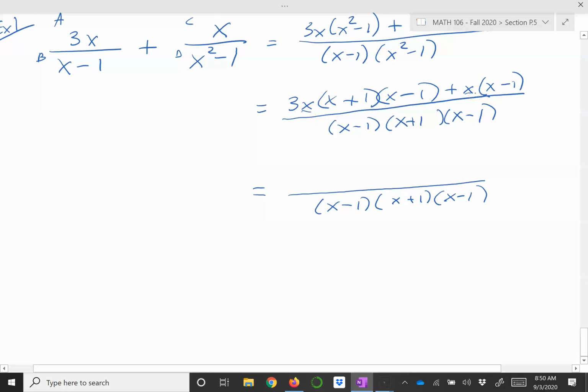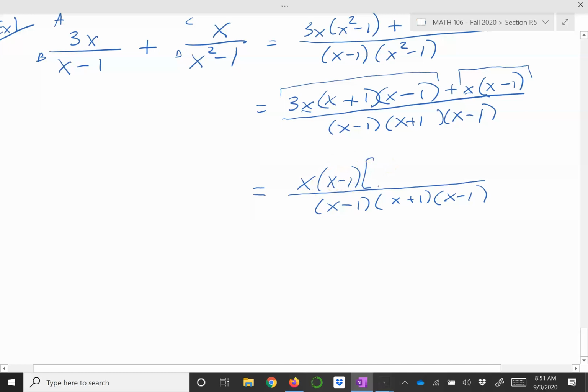Can I do that? Yeah, I could take an x out. And then what else? Do you see that both of these, so I'm just going to put a little box around them here. These are the two terms. Do you see that they both have an x minus 1? So I could factor out an x minus 1 as well. And then let's see what we're left with.